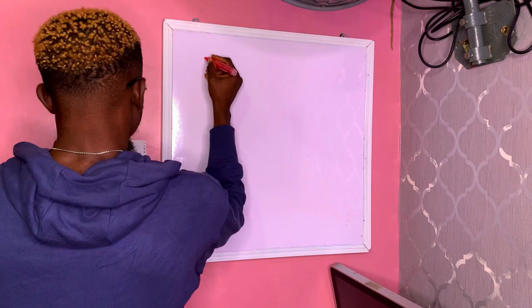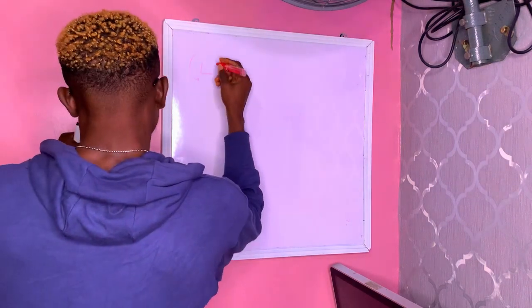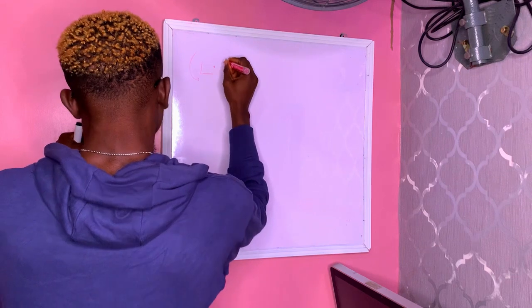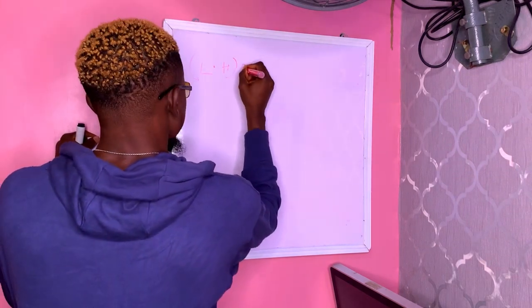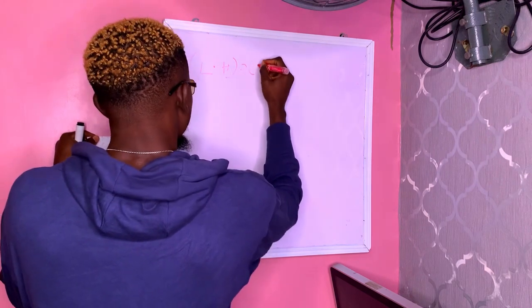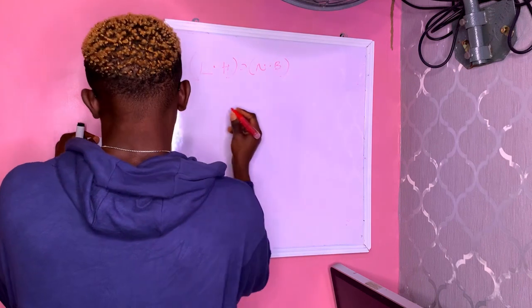So we have the first line: open bracket, L and H, close bracket, implies open parenthesis N and B, close parenthesis.